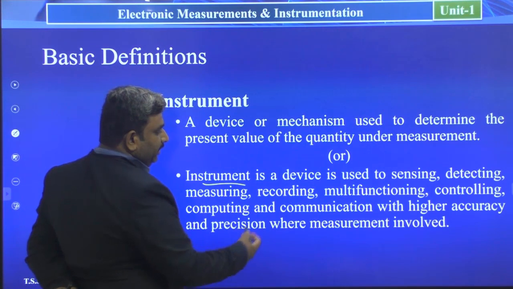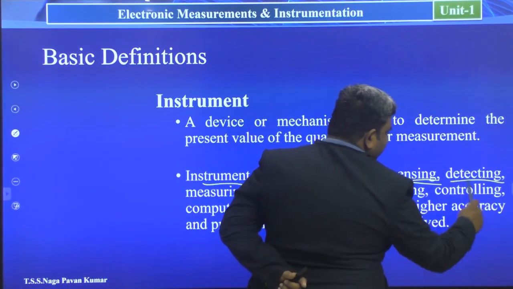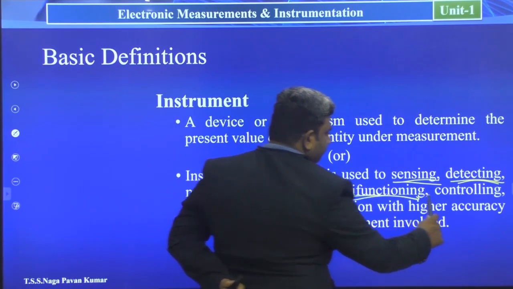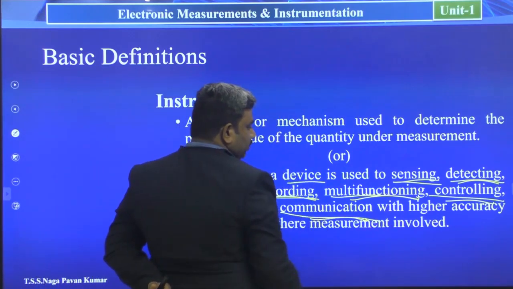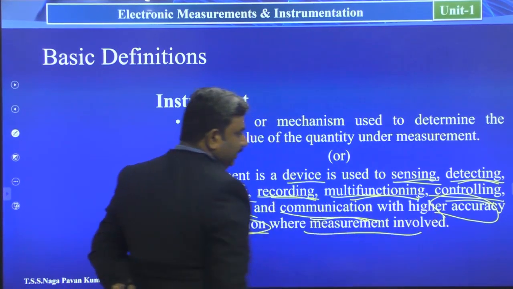An instrument is a device which is used for sensing, detecting or measuring, recording, multifunctioning, controlling, computing, and communicating with a higher accuracy and precision where the measurement is involved.